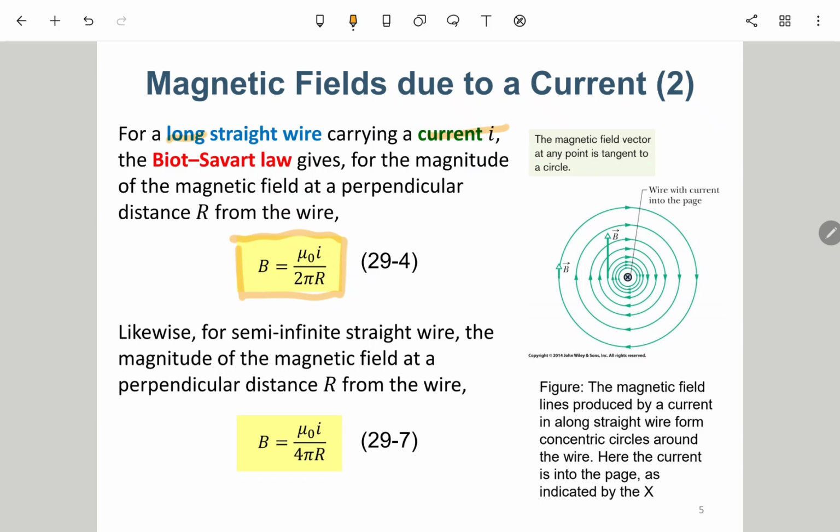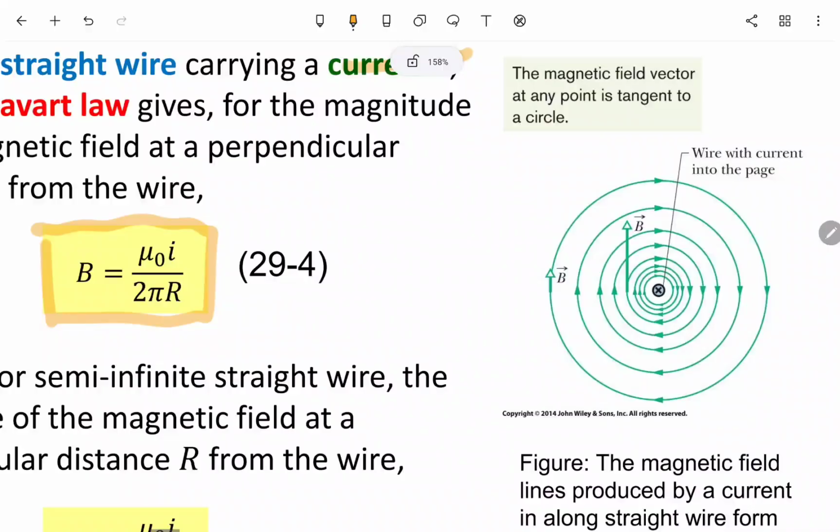So what it means is that suppose we have a long straight wire here, let's say going into the page, from infinitely far away on that side, going into the page until infinitely far away. We have a wire like this.